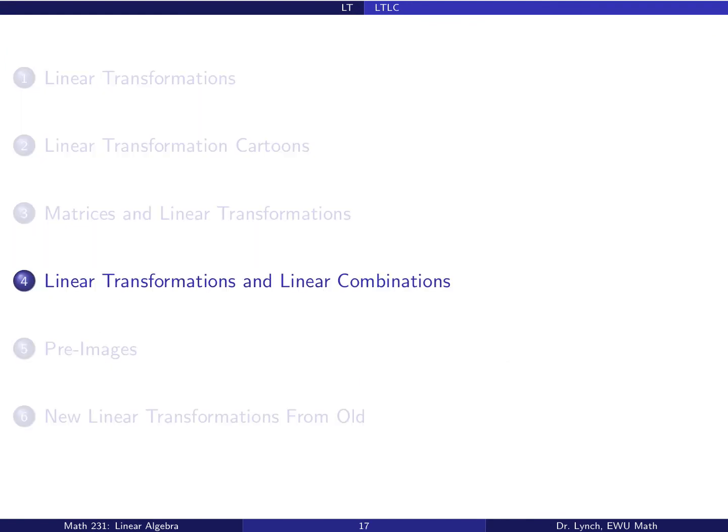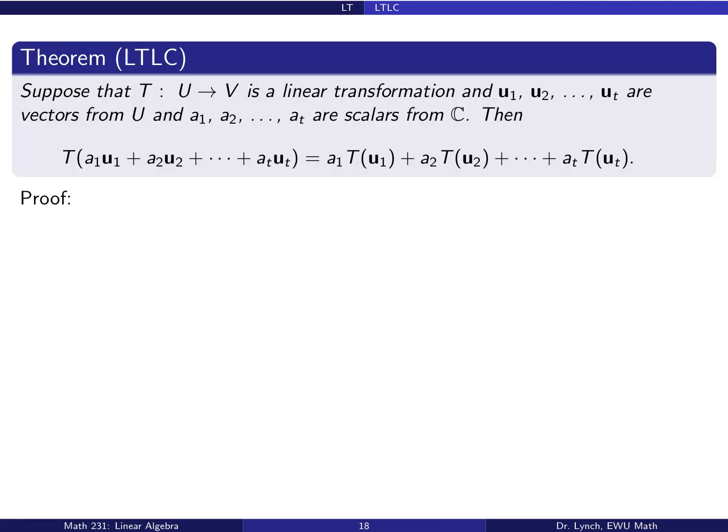That turns out to always be true: the image of a linear combination under a linear transformation is the linear combination of the images. And that's a theorem. To prove this theorem, we'll just write it down.